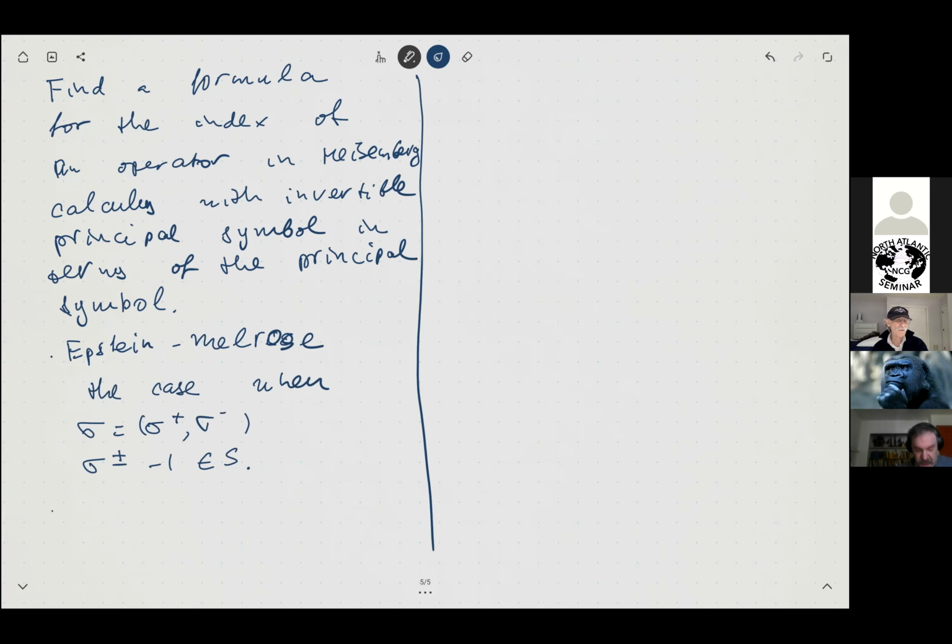Okay. Then, from the point of view of K-theory, this has been investigated by Erik van Erp and Paul Baum. So I'm now going in the direction which is closer to our work.